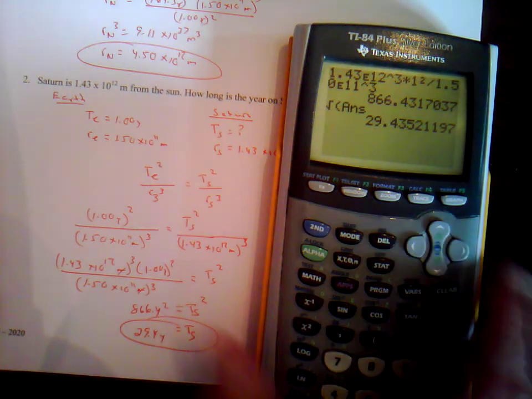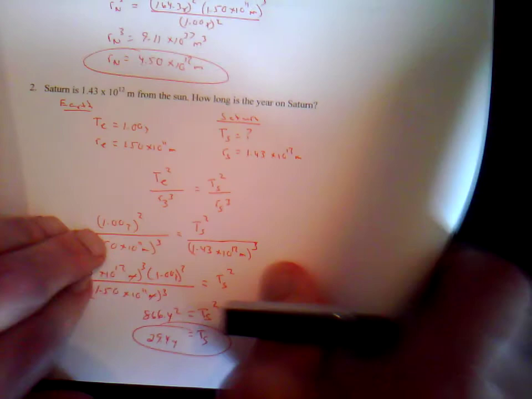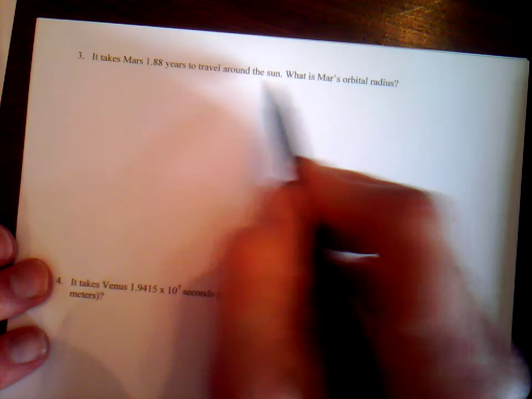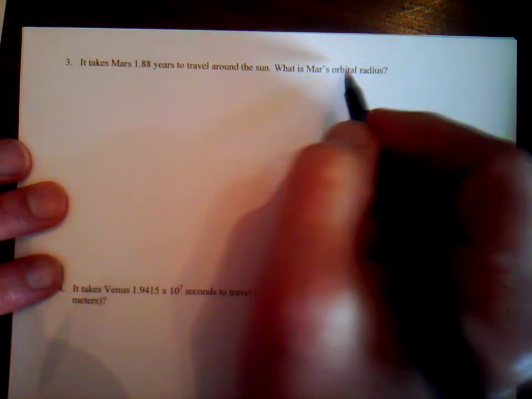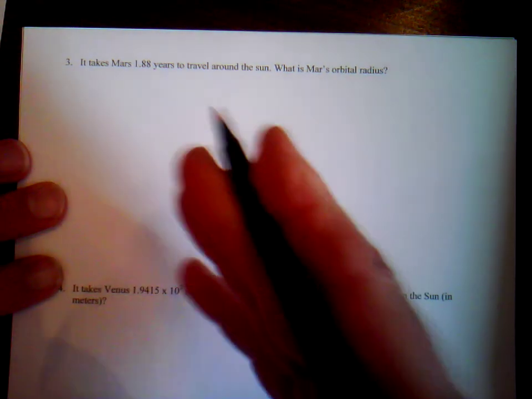Let's do two more example problems. I'm going to do this third one a little bit differently. It's not a whole lot different, but you're going to try and solve it yourself. Let's see how this goes. It takes Mars 1.88 years to travel around the Sun. So again, it travels around the Sun, so we need to compare it to something that we know travels around the Sun, like the Earth.